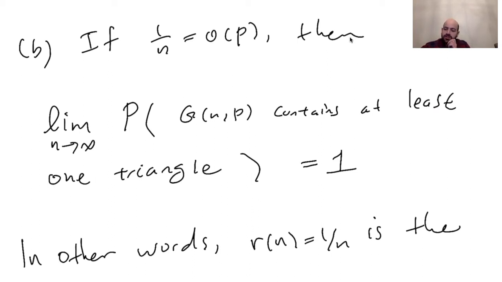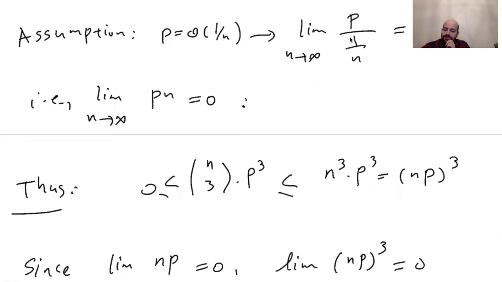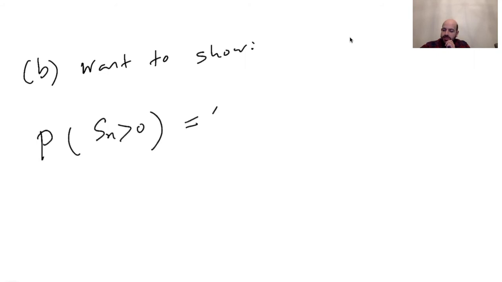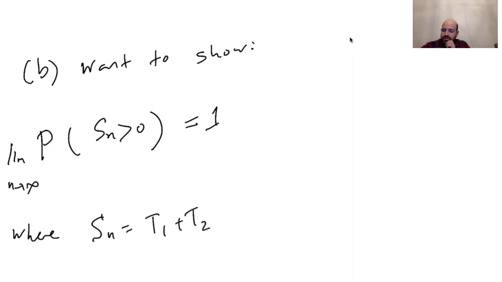If you want to show that G(n, p) contains at least one triangle, I can show that P of Sn being positive is 1 as n goes to infinity. Where Sn is equal to T1 plus T2 all the way to T sub n choose 3.